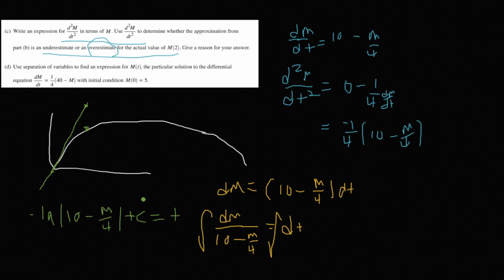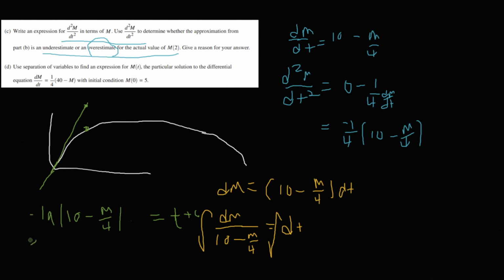All right. And now we're going to exponentiate everything to get rid of the log. Actually, let's move the c to the other side. It doesn't really matter over here. So we're going to say this is t plus c.